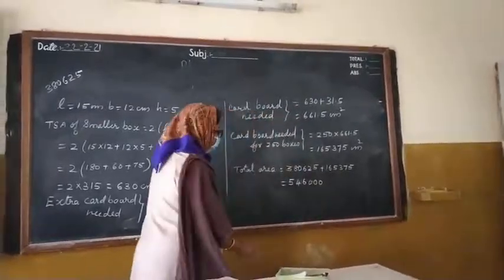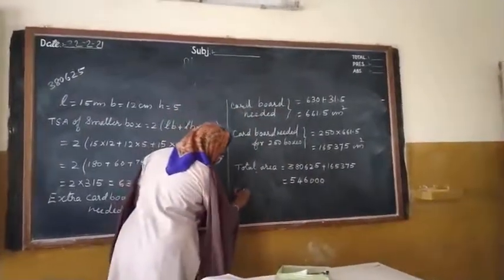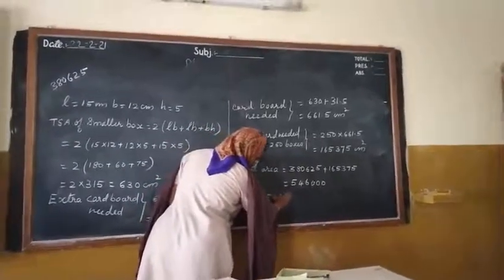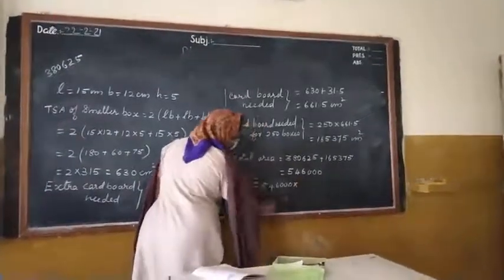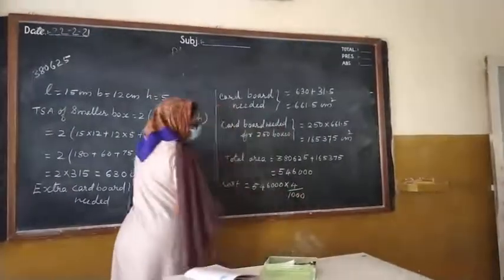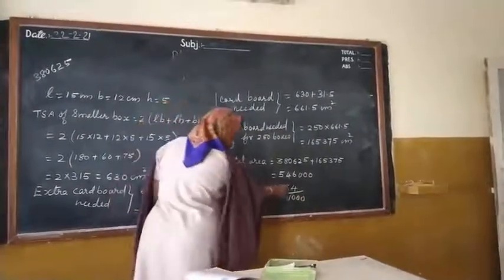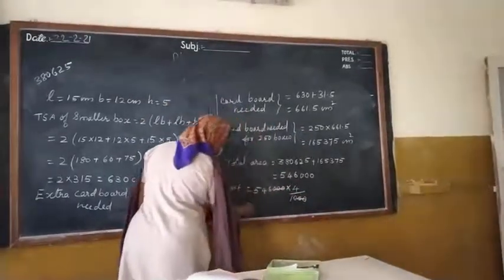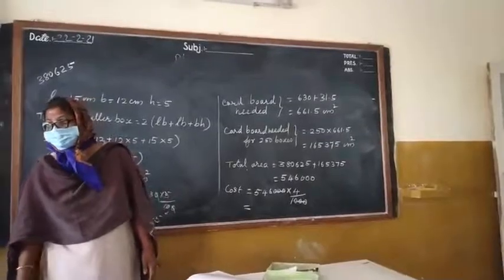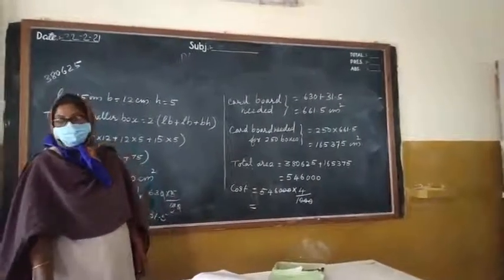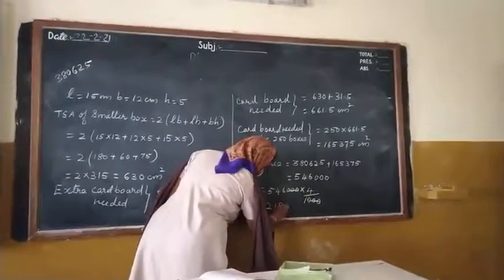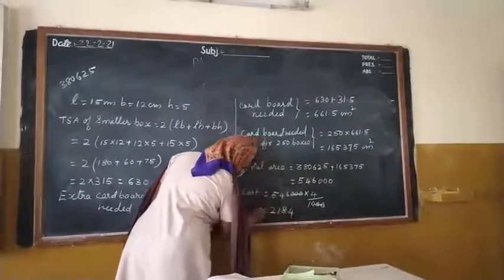Now cost it will be 5,46,000 multiplied by 4 divided by 1,000. So 2,184. Yeah.